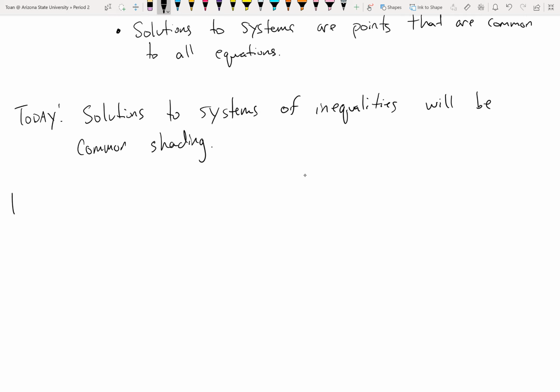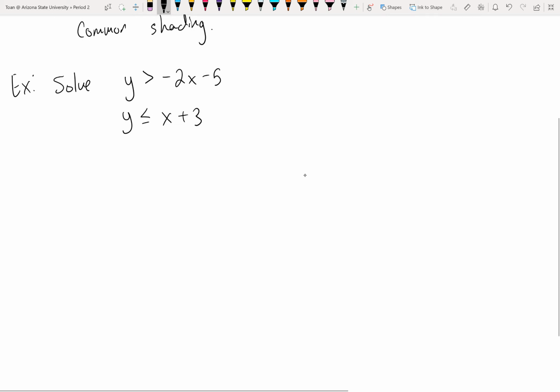Okay. So, for example, suppose I ask you to solve y is strictly greater than negative 2x minus 5, and y is less than or equal to x plus 3. So again, the idea is for this lesson, everything is by graphing. So I'll go ahead and draw a coordinate grid.